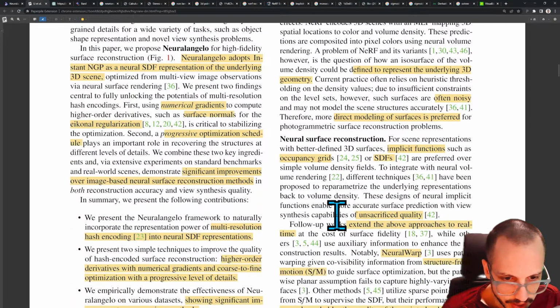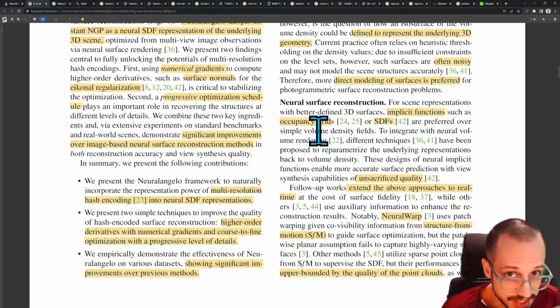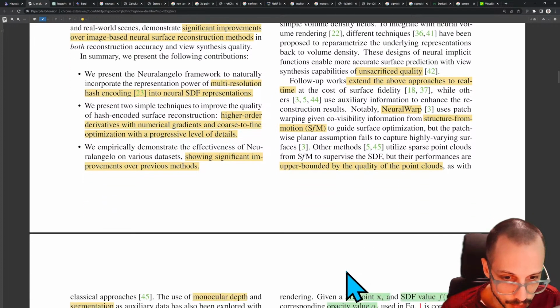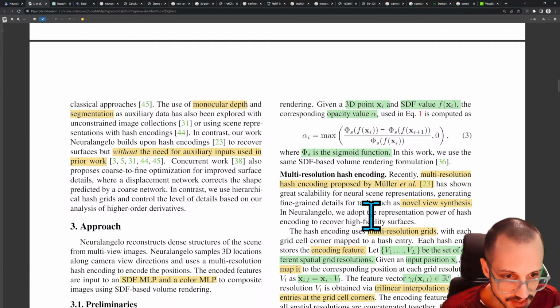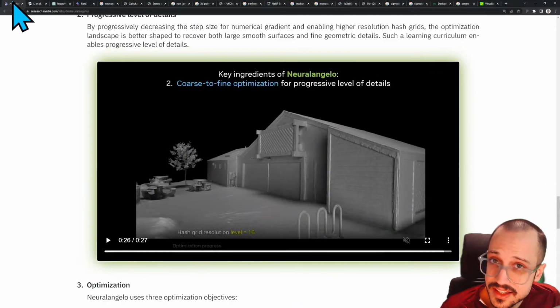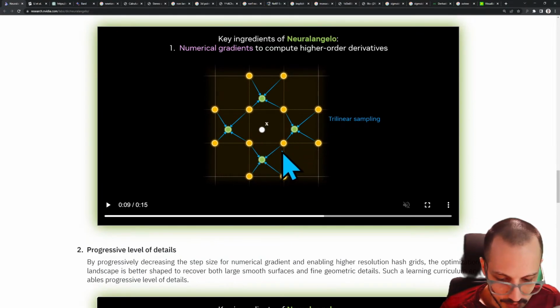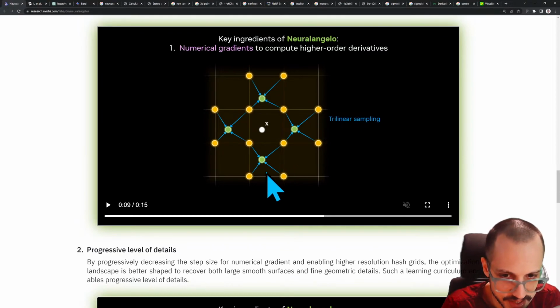They're using this trick where they break up this volume of space into different grids, and they can do it at multiple resolutions, right? Inside each of those grids, on the vertices, you have these feature vectors, which you could think of as the representation of what is inside that volume of space at that particular point.